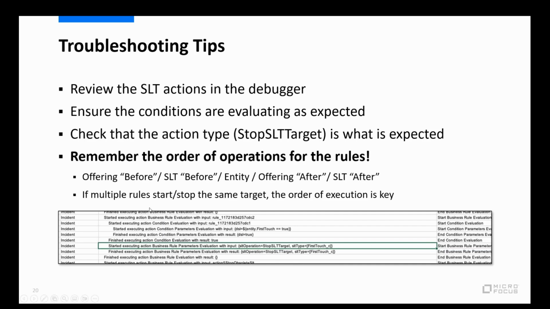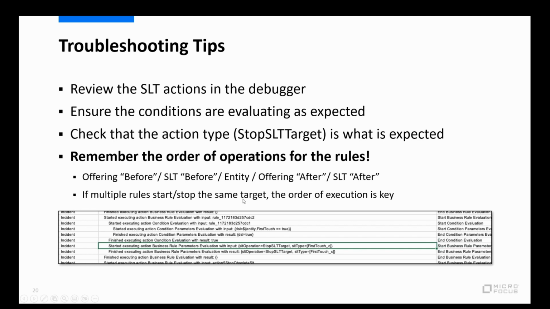One thing that helps there is then to review the SLT actions in the debugger to ensure all the conditions are evaluating as expected. Things to look for are ensuring that you have the correct action type. So if you're trying to stop, it'd be the stop SLT target, as we're seeing here in the example below, but making sure that the correct action type is being triggered. And again, the order of operations.